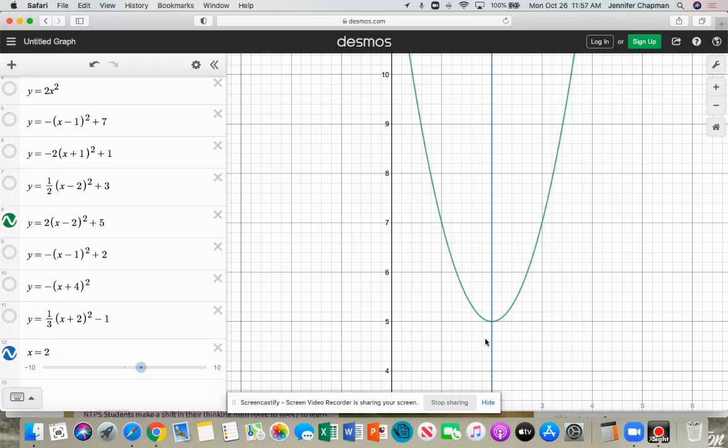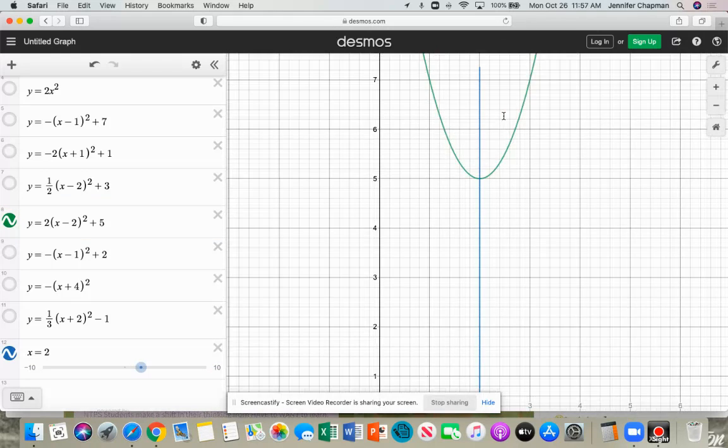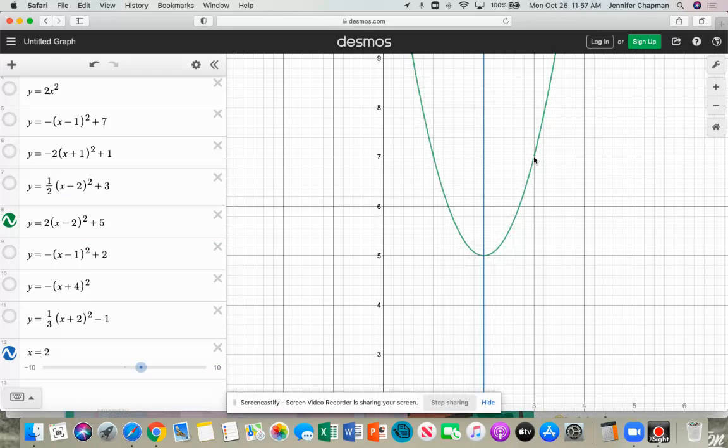So the important thing with the axis of symmetry is x doesn't change. I'm still going over 1, over 2, over 3. The importance of the axis of symmetry is that the distance between my x values and the axis of symmetry is the same. So let's look at this right here. Notice this point right here, I went over 1.